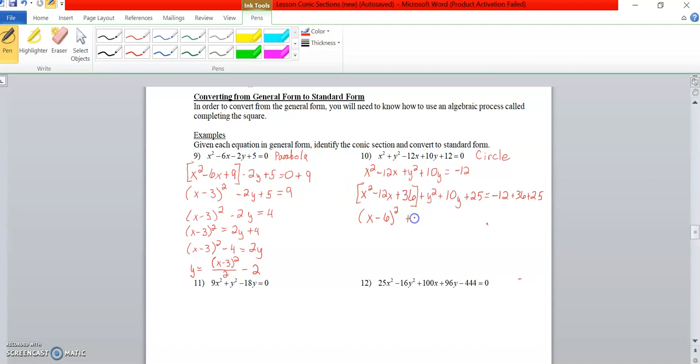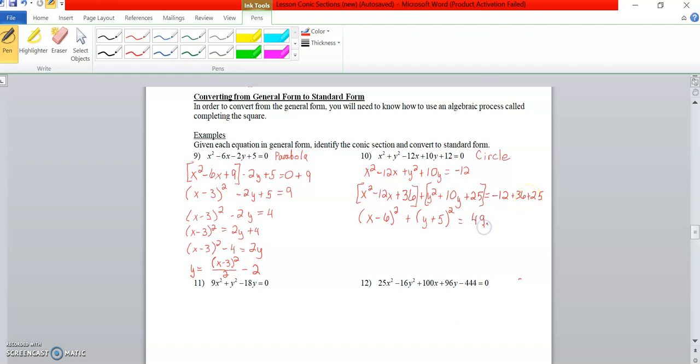And then we say plus the quantity y plus half of that, so 5 quantity squared. So that's that chunk.